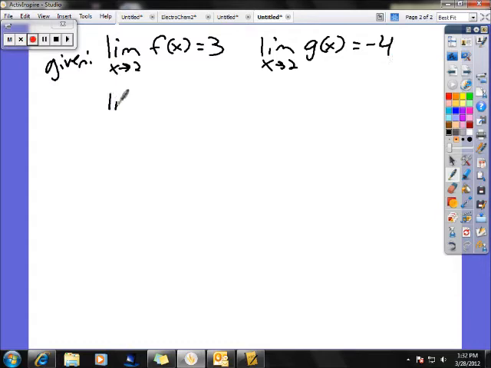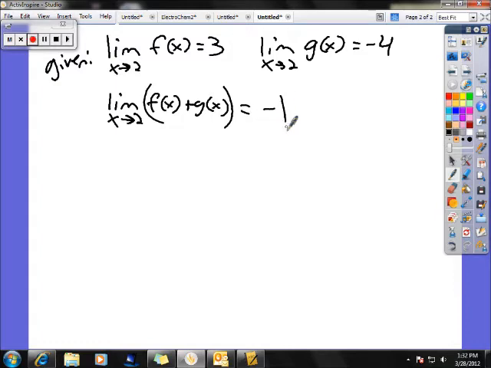This is going to be pretty obvious. Limit as x approaches 2 of f of x plus g of x, that whole thing. Guess what that's going to be? -1. Yeah, it's that easy. Okay? So you can add the limits.